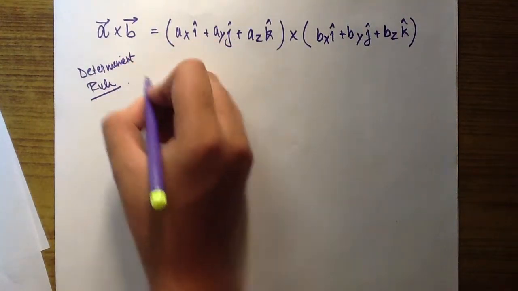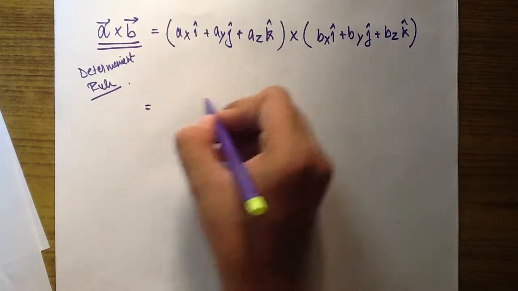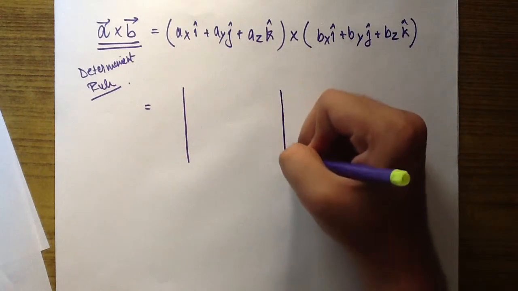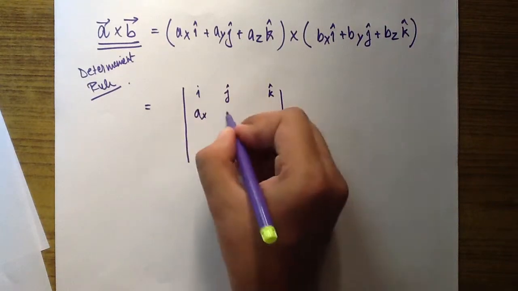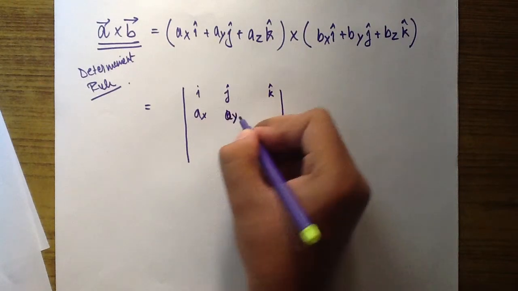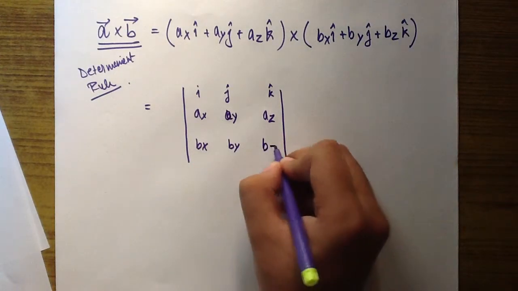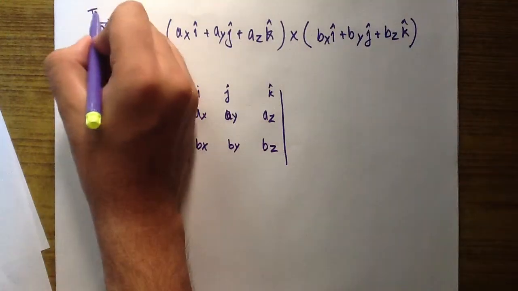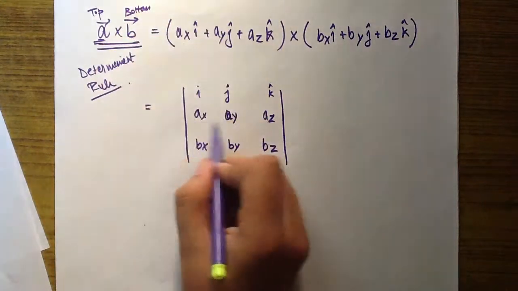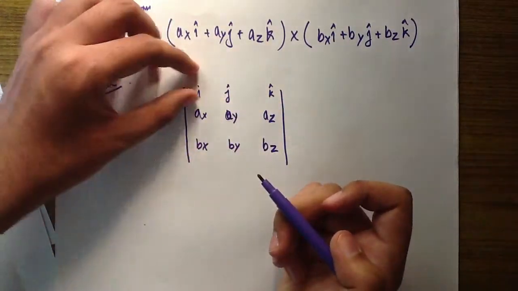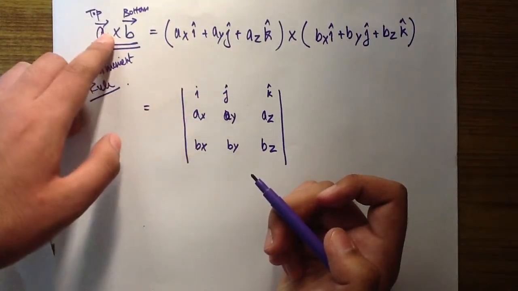The determinant rule is that we write this cross product equal to the determinant with i, j, k, and then ax, ay, az, and then bx, by, bz. Remember, the first one goes on the top, the second one goes on the bottom. When we compare just these two, obviously i, j, k go on the top of the determinant, whereas amongst these two, a goes on the top and b goes on the bottom.